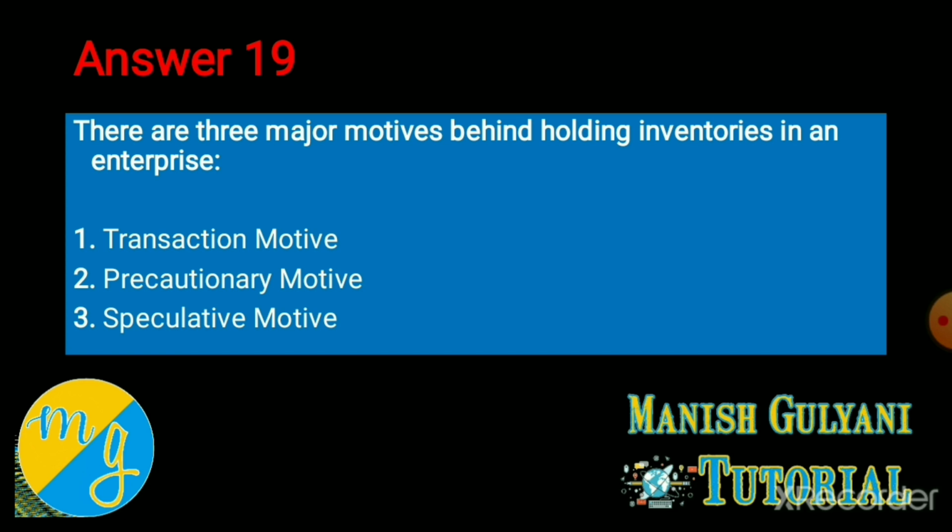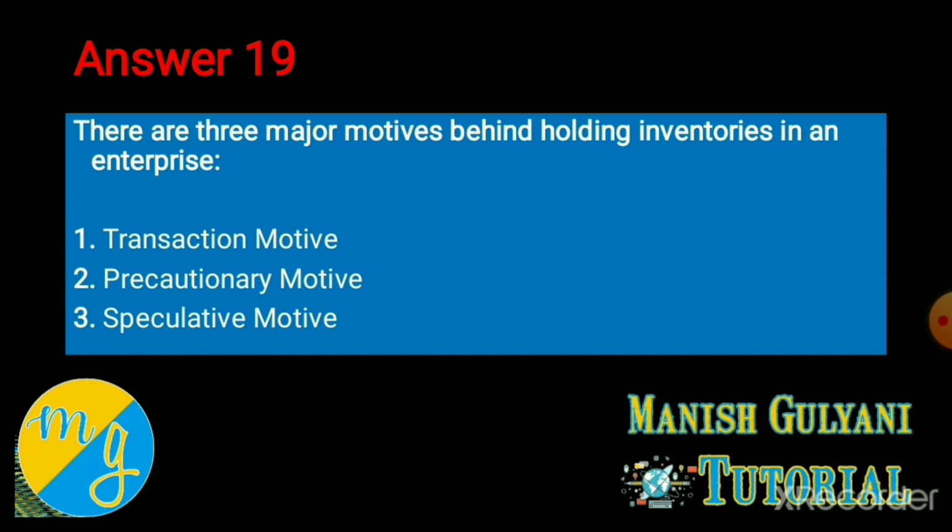So in this case the company should maintain a sufficient level of inventory to take care of such situations. So this is your precautionary motive, always ready for the adverse situation. Then you have to maintain inventory.